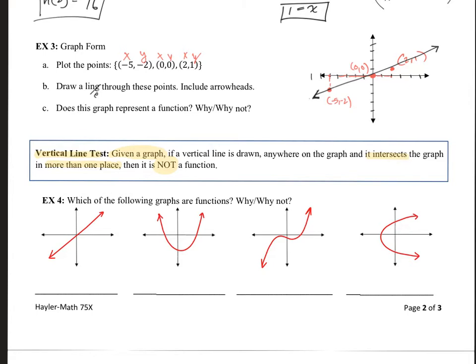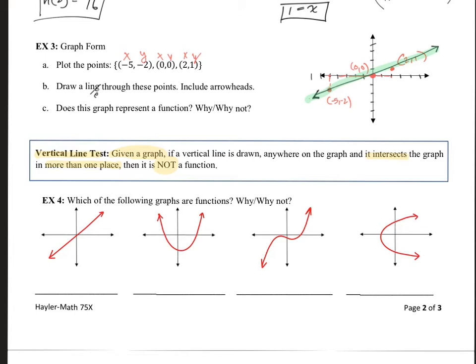So if I drop a vertical line somewhere on my graph, now real quick here, please note, the graph is this piece right here, okay? The graph is not those axes points, okay? So looking at my graph, if I drop a vertical line anywhere on this graph, if it hits it in more than one place, it's not a function.